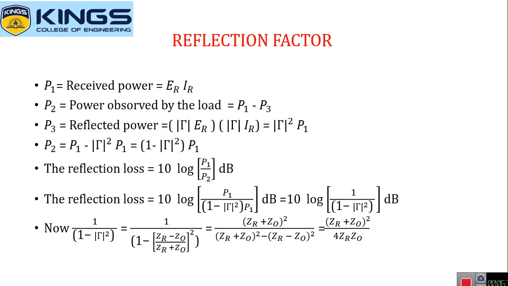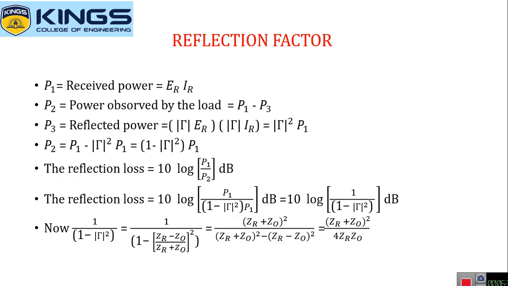Okay. So the reflected power, in terms of the reflection coefficient: the reflected voltage and reflected current are tau ER and tau IR. If you multiply these two, then tau square into P1, since ER into IR is P1.